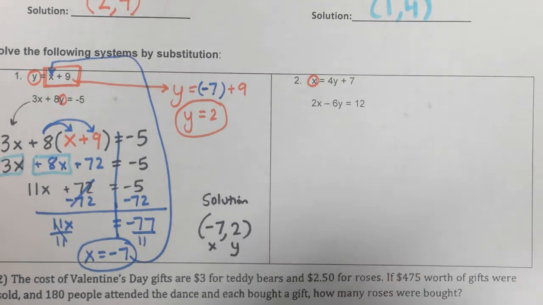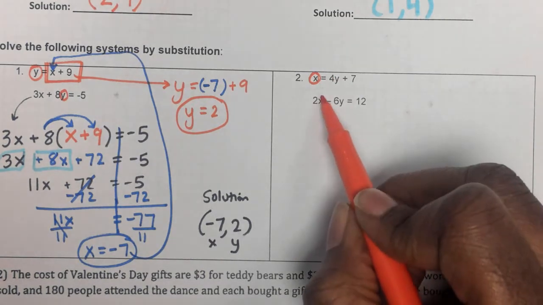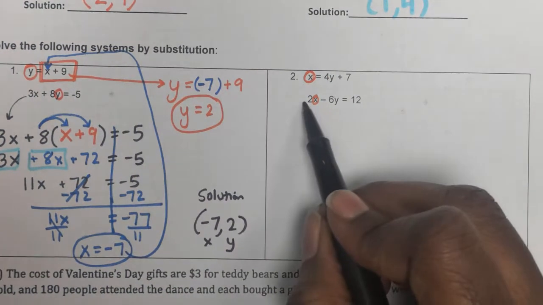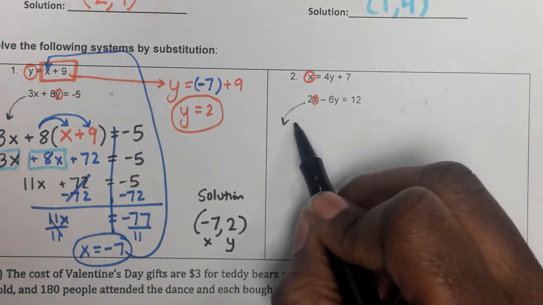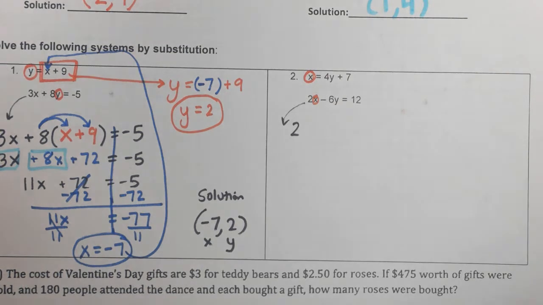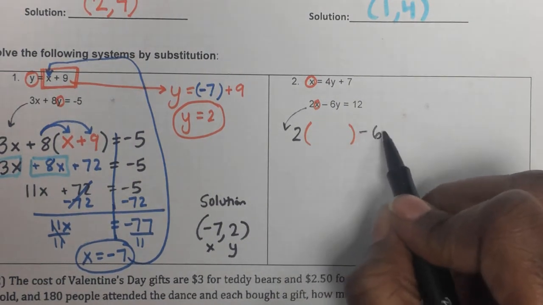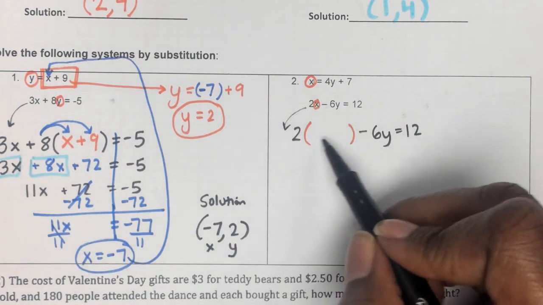This one over here, remember this was an x all by itself, so it has to get plugged in the x spot. That's one of the biggest mistakes, is people taking this and plugging it into the wrong spot. So I got 2 parentheses, and then everything else comes with it. I got the 2. I'm not going to write x.